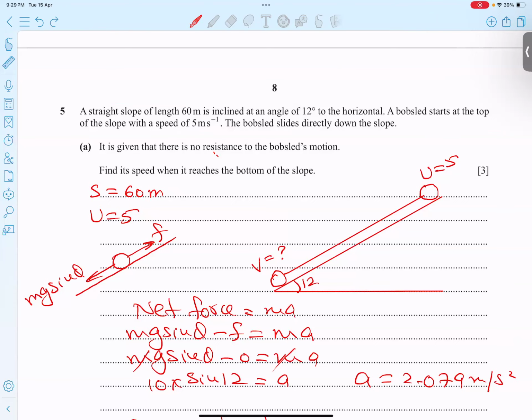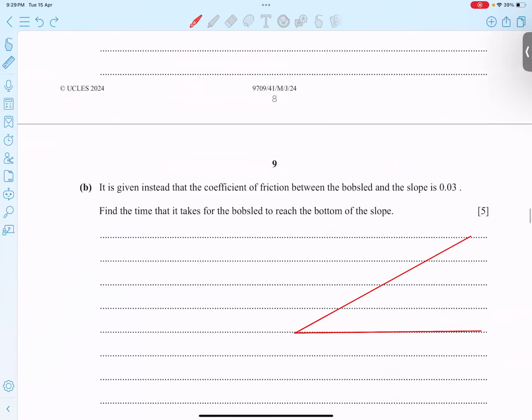The starting speed remains the same, it is not changing, so u remains 5. We need to find the time to reach the bottom. This distance is 60 meters, so we are missing the acceleration.